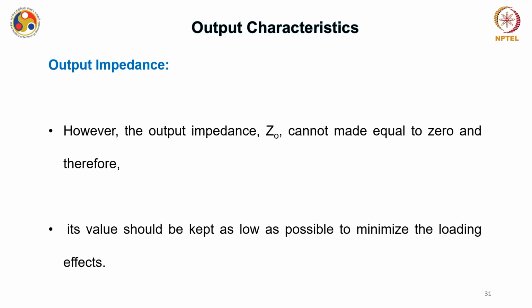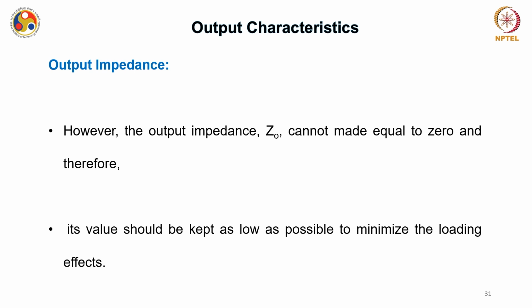Because this cannot be made 0 in a practical case, its value should be kept as low as possible to minimize the loading effect. We know that this is a characteristic of any transducer or any system, that you want the input impedance to be maximum while the output impedance should be minimum.